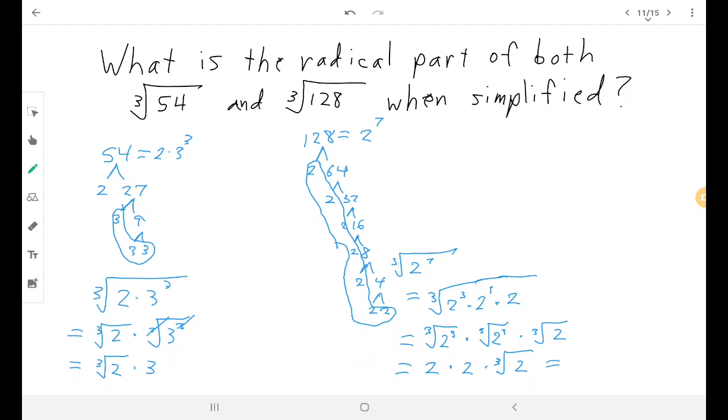So this gives me 4 times the cube root of 2, and over here I've got 3 times the cube root of 2. So the radical part of both of them is the cube root of 2.